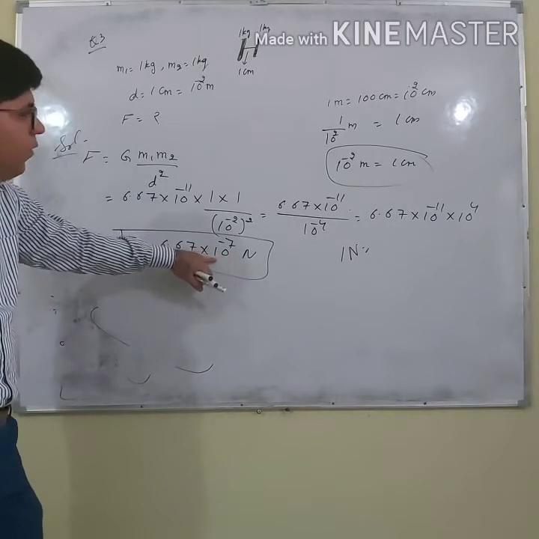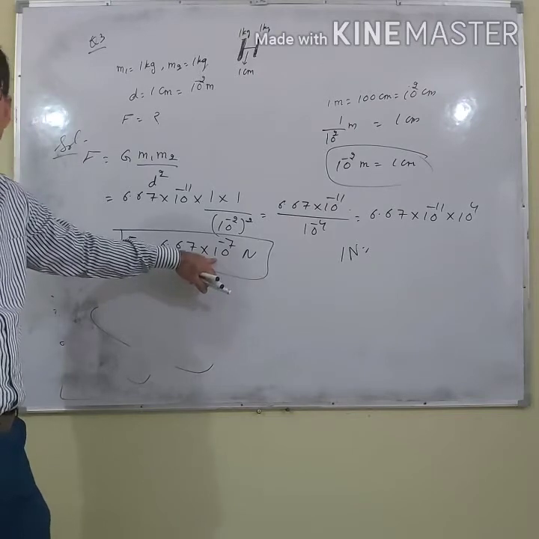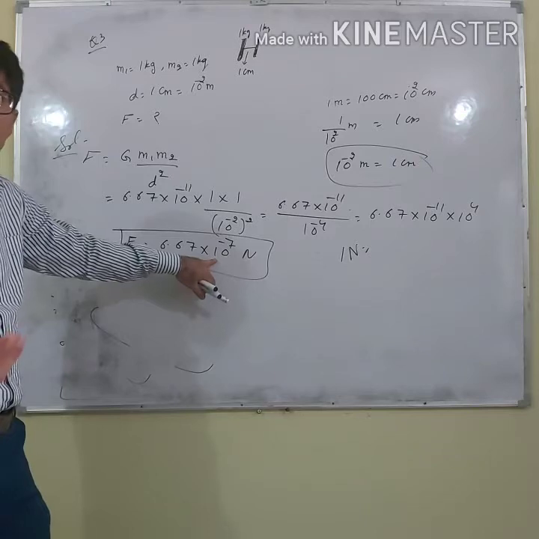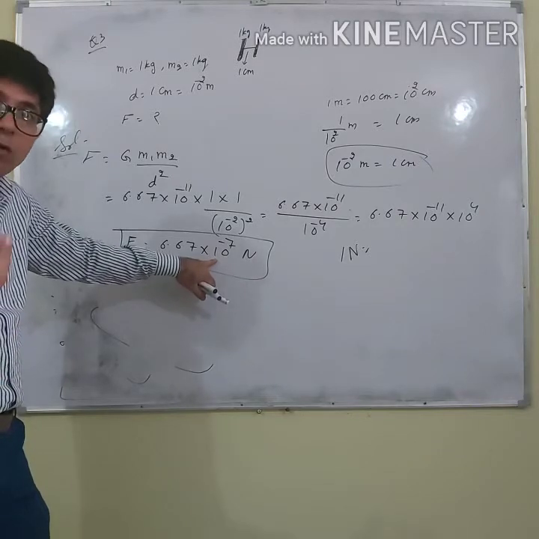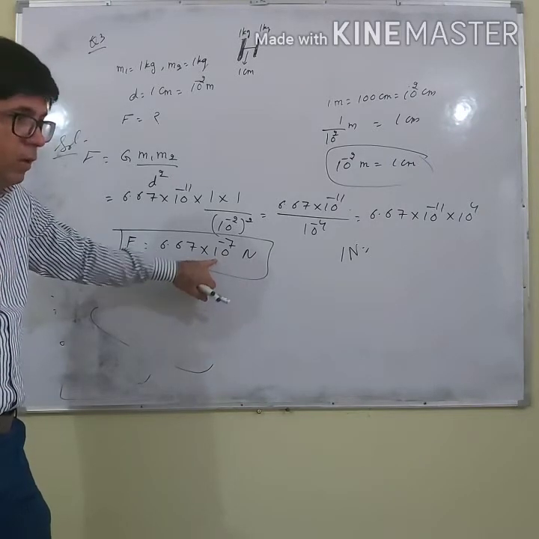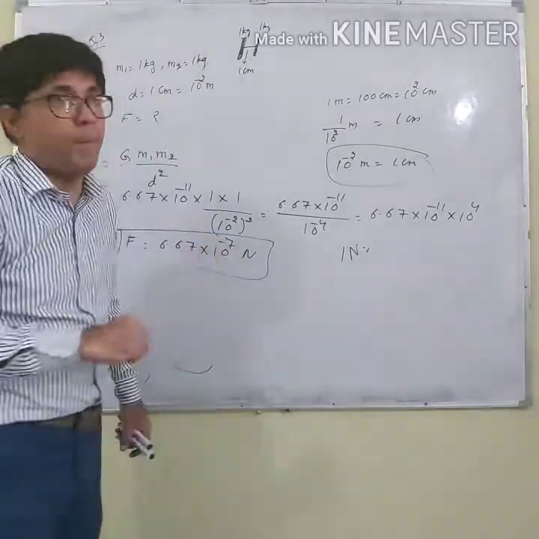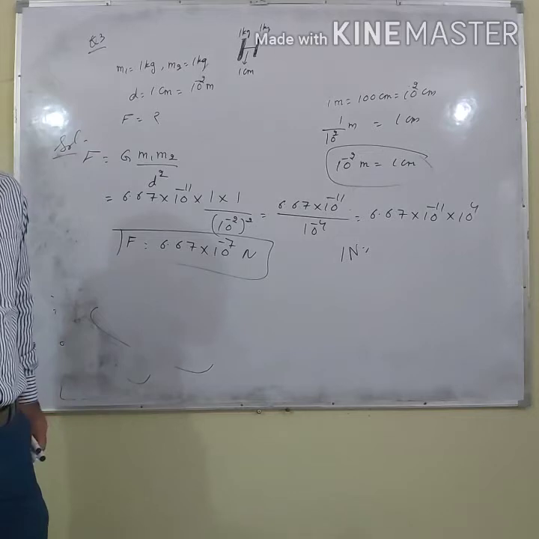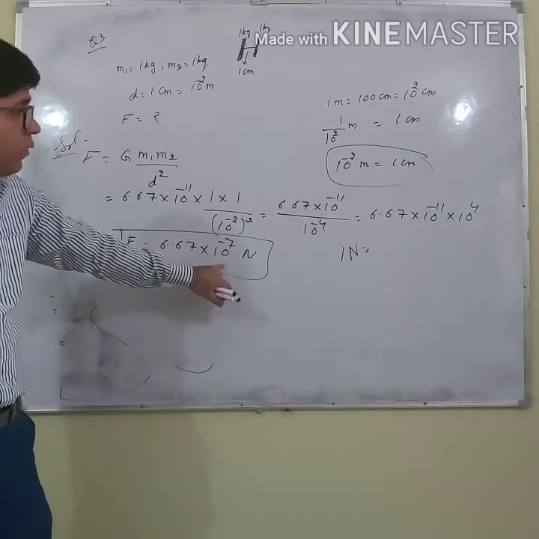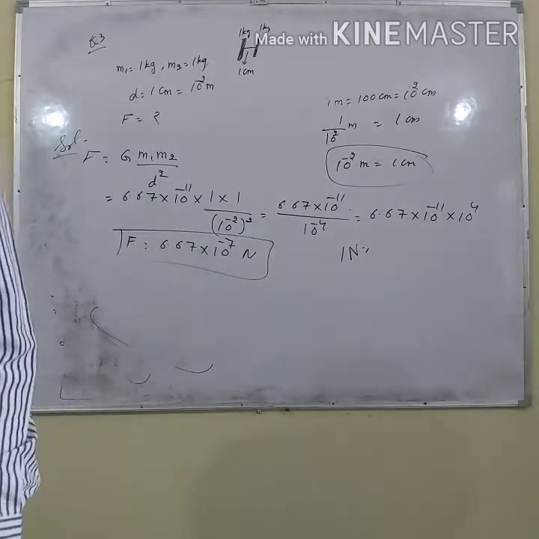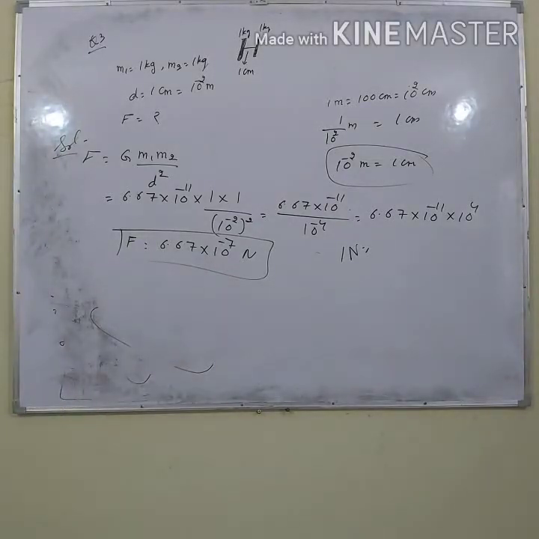But if there is a force of approximately 10 to the power minus 7, what does it mean? This force is very small. So that's why we don't observe this law in our day-to-day life.